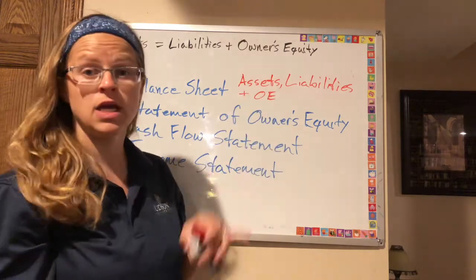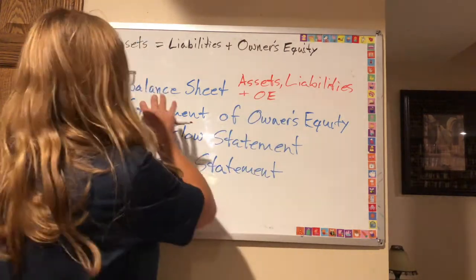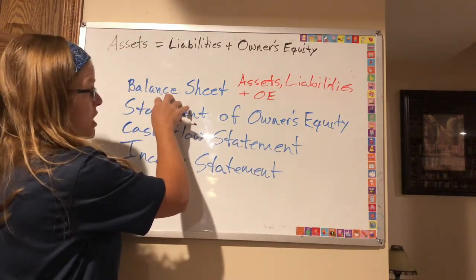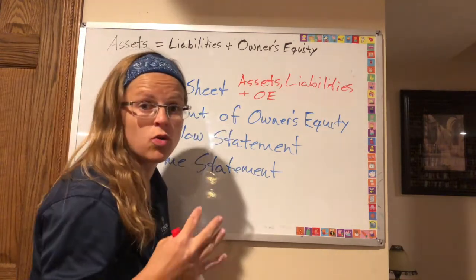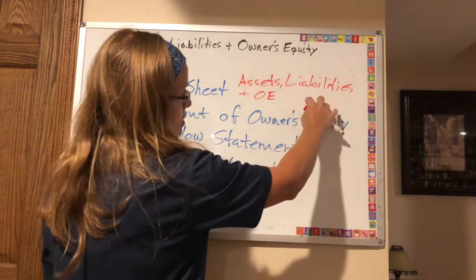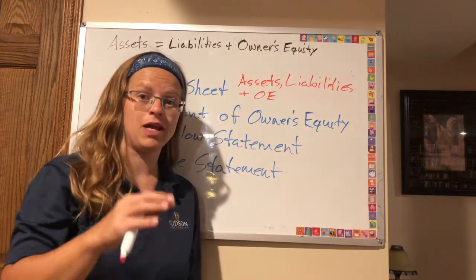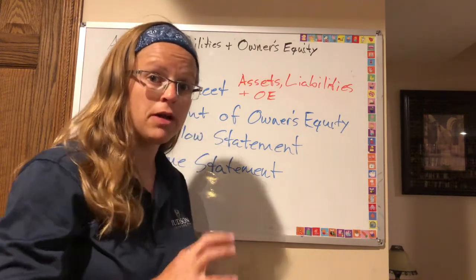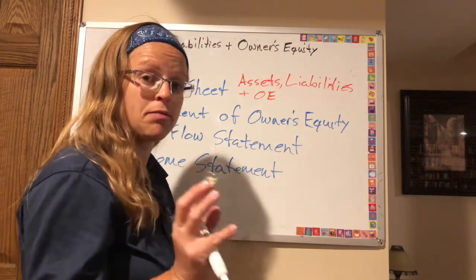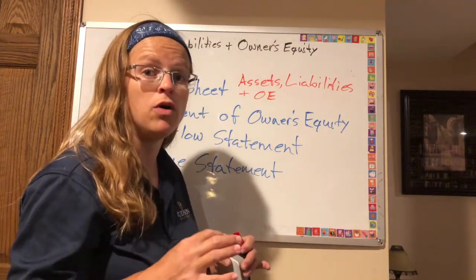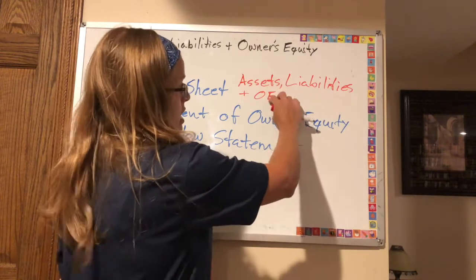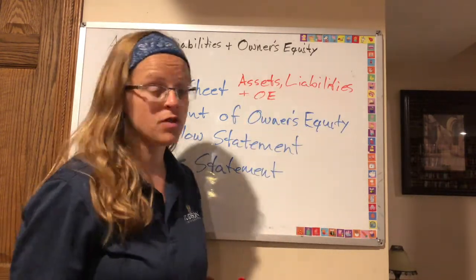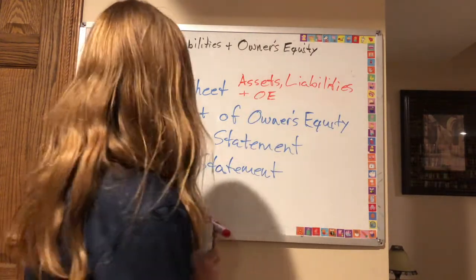The balance sheet shows these at a specific point in time. It's not a period of time; it's a snapshot, basically a photo of the organization's assets, liabilities, and owner's equity.